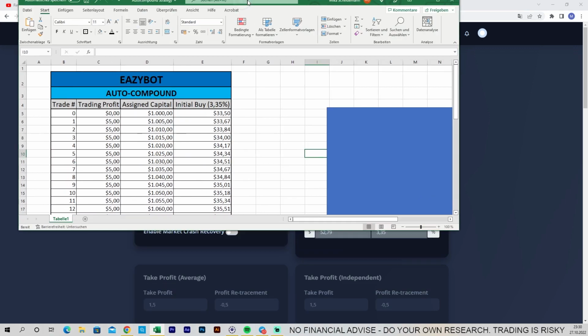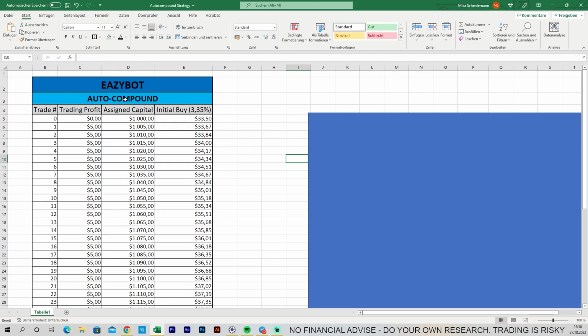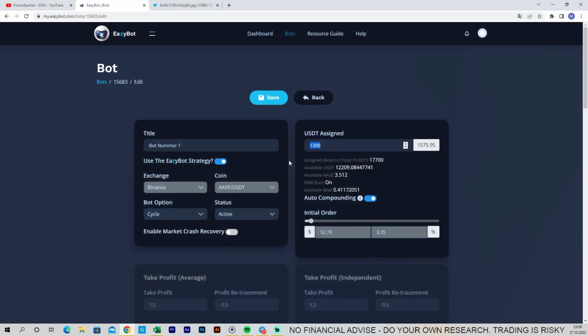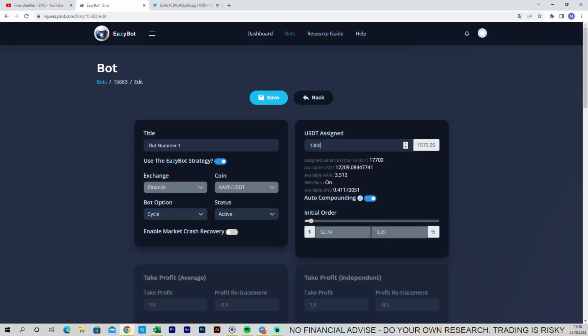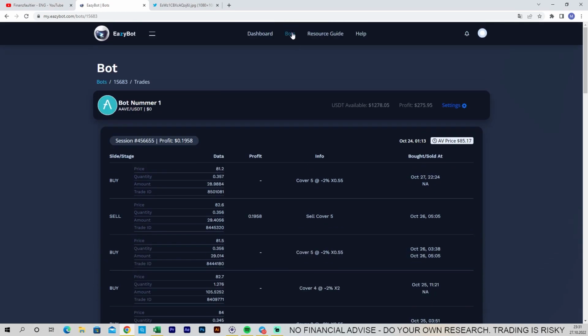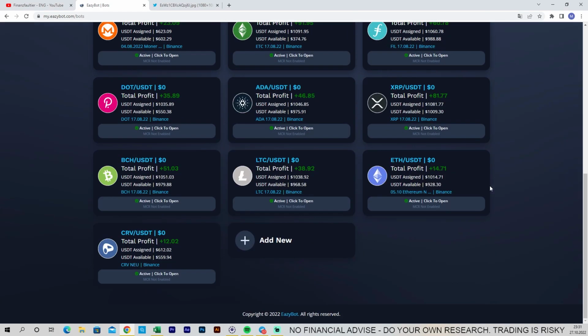I made myself a little Excel sheet right here, EasyBot auto compound, and let's say we have an assigned capital of $1,000. So basically we put $1,000 in. Our initial buy is 3.35%, which means $33.5. Actually, let's go and create a bot so you see all the numbers in here as well.